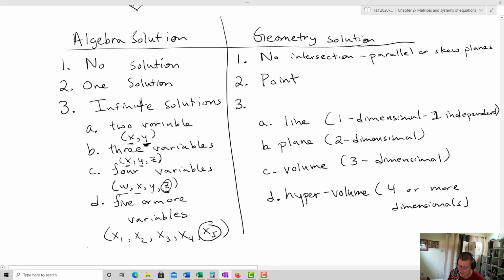And then if we have four or more independent variables, we call that a hypervolume. So consequently, we're going to think about the solution to systems inside of this particular way of thinking about this geometrically. Now, there are other geometric ways of thinking about the solution to systems, and we'll talk about those in more depth, especially as we get more into Chapter 4.